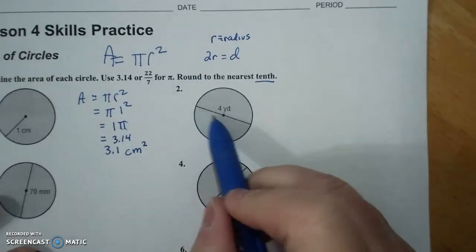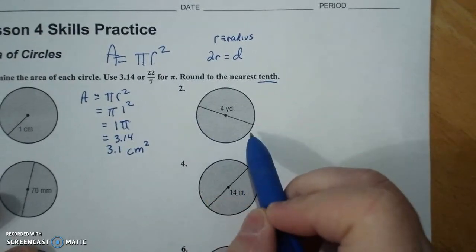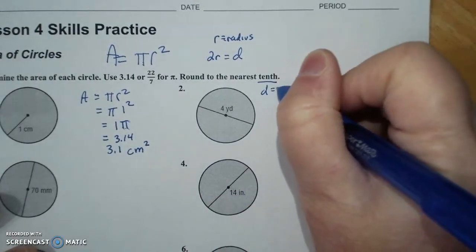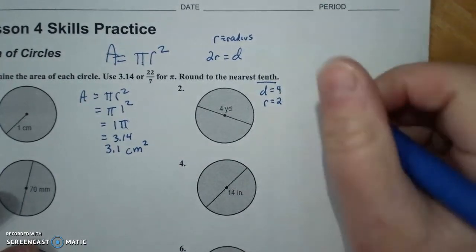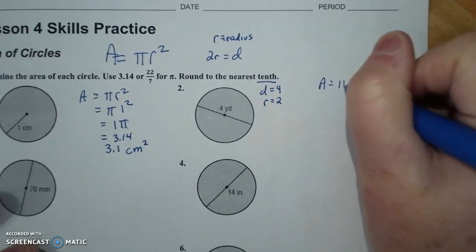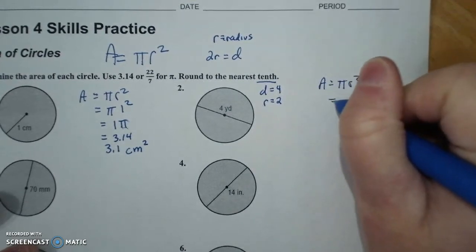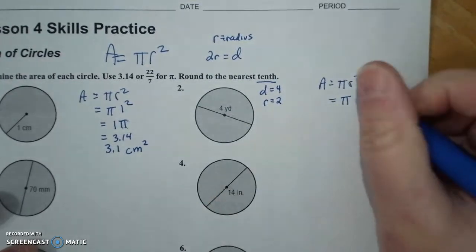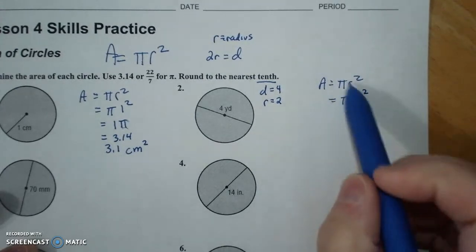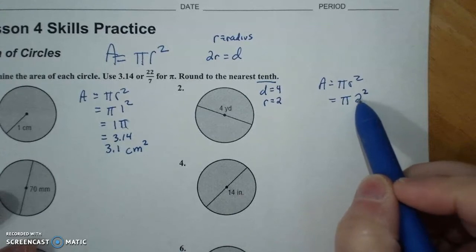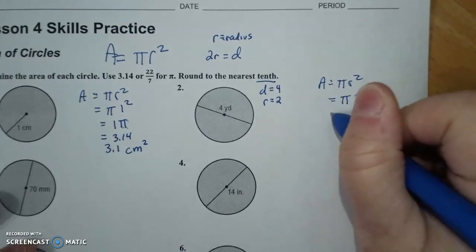Number 2, this is a diameter. So if diameter equals 4, radius equals 2. I have area equals pi r squared. Pi, my radius is 2 squared. And this is just an interesting property of 2, that it goes right back to 4.